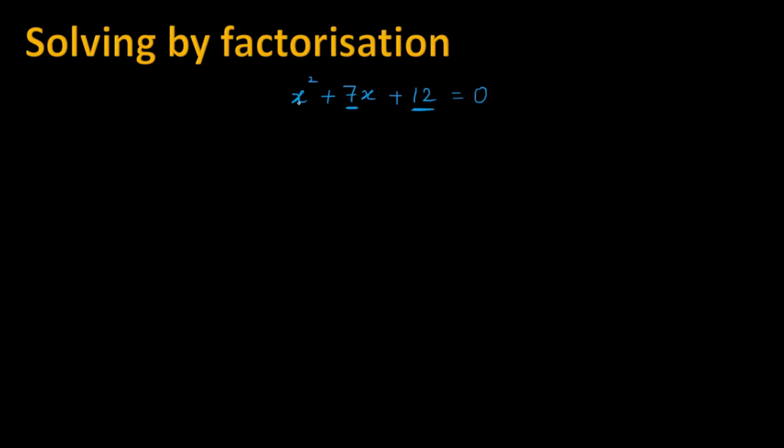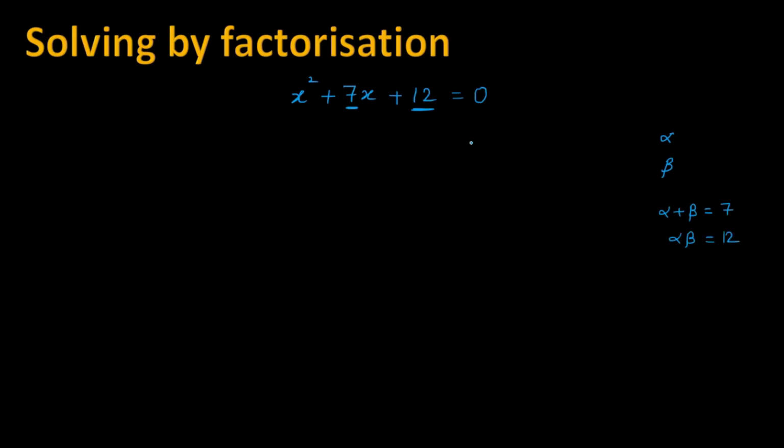Since the coefficient of x square is 1, we have to ignore it for this question. Now, this coefficient of x is 7, so we have to find two numbers. Let's assume two numbers, alpha and beta, such that the sum alpha plus beta should be 7, and alpha beta should be 12.